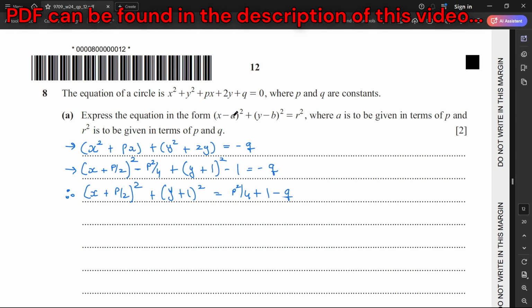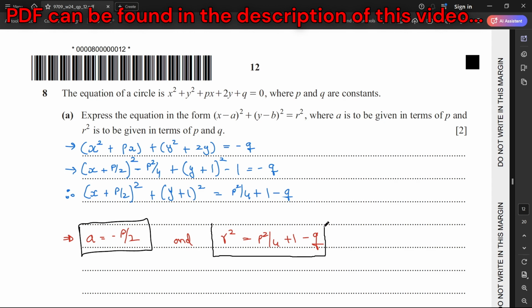Straight away I can see that in place of a I need to have minus a, but no worries, I can simply state that a is equal to negative p by 2 and my r square is equal to p square over 4 plus 1 minus q. And guess what? This is the final answer that we are having for part A of question 8.